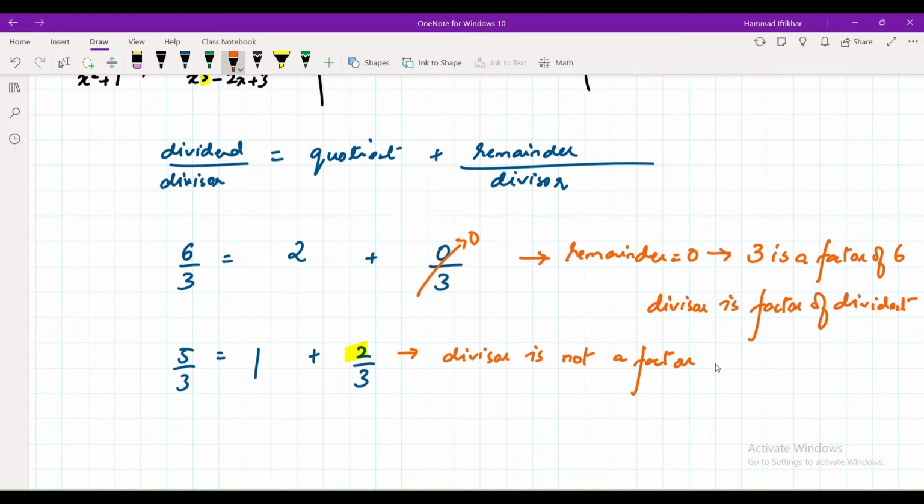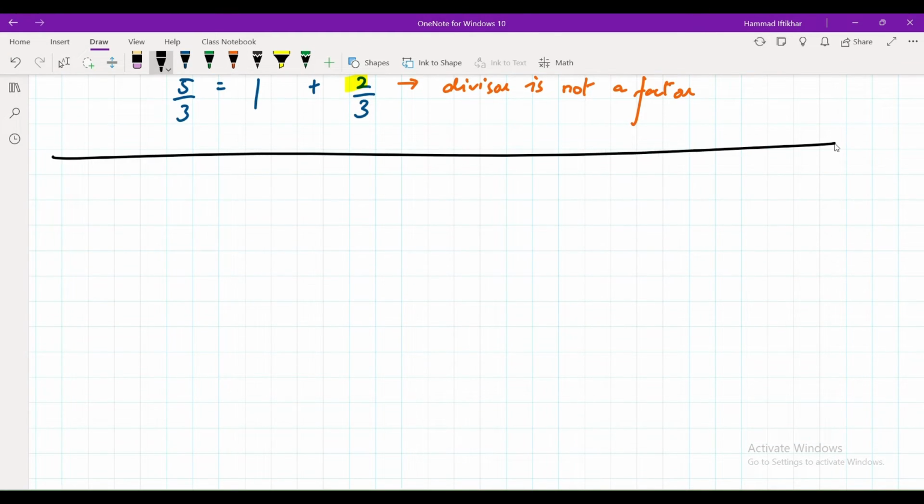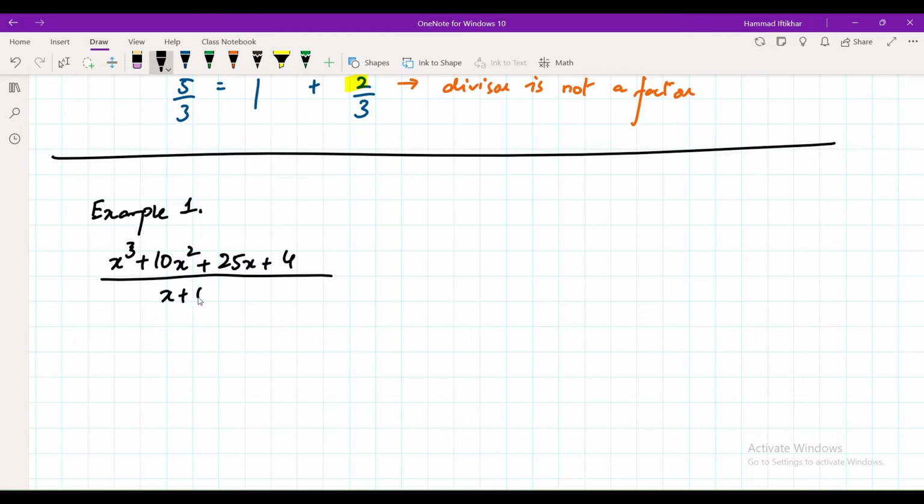So exact same concept we are going to apply in the rational expression. So let's see, for example, we have x cubed plus 10x squared plus 25x plus 4, and we are dividing it with x plus 4.